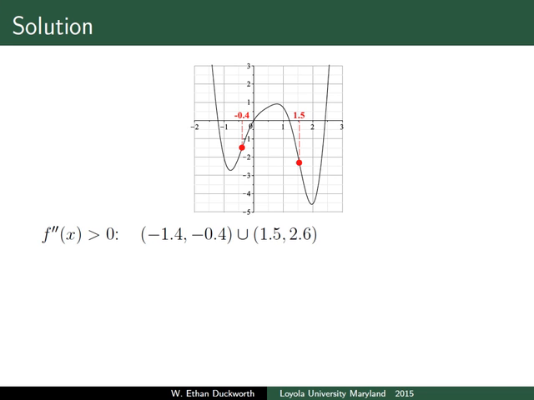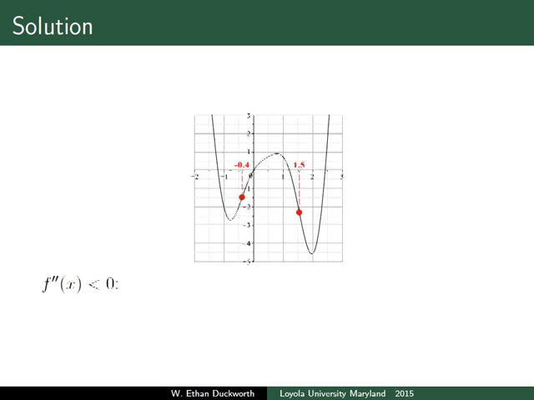Now to think about when f double prime is negative, it's simply going to be everything else in the graph. And in this case, what that means is it's the middle of the graph. So, f double prime is negative between negative 0.4 and 1.5. Or we can write it with an inequality, or we can write it with an interval.